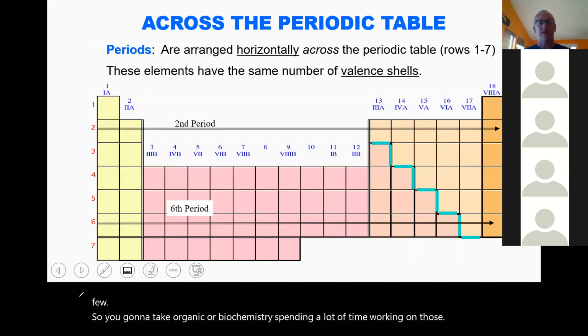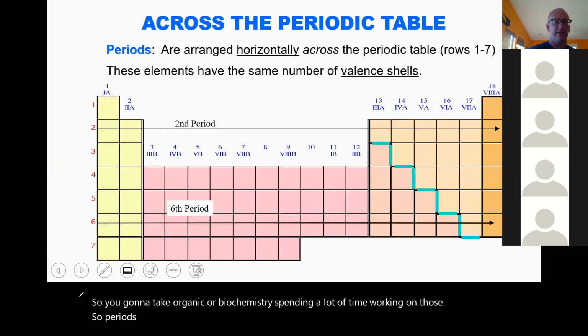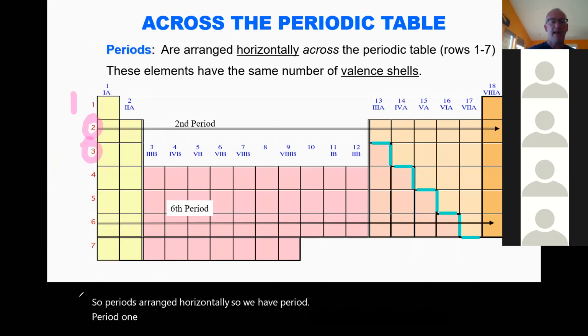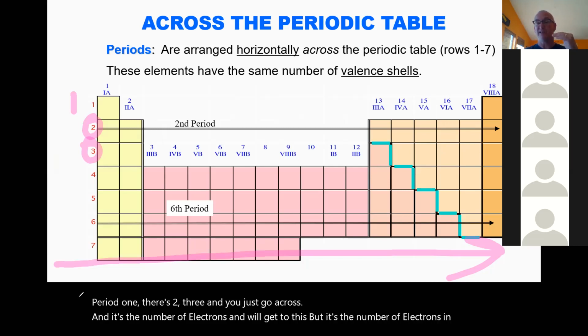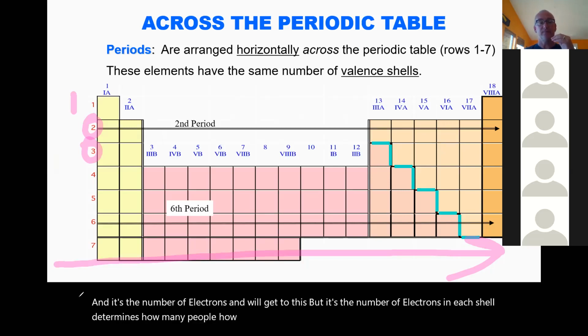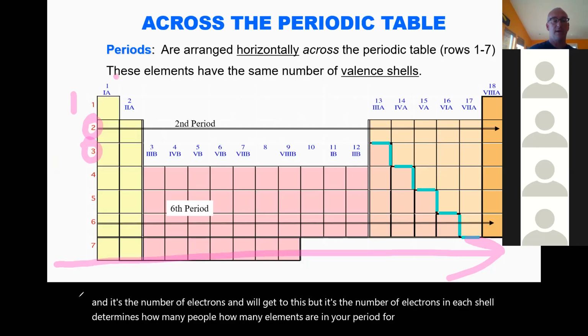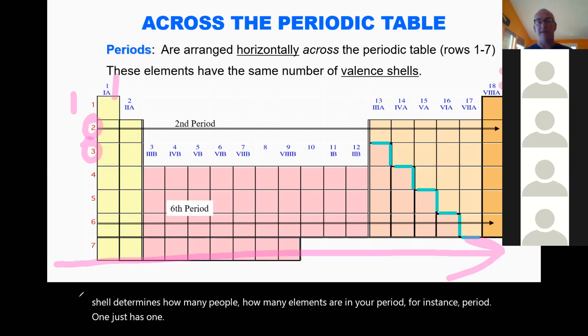So periods are arranged horizontally. We have period 1, there's 2, 3, and you just go across. And we'll get to this, but it's the number of electrons in each shell that determines how many elements are in your period. For instance, period 1 just has 2 elements in it.